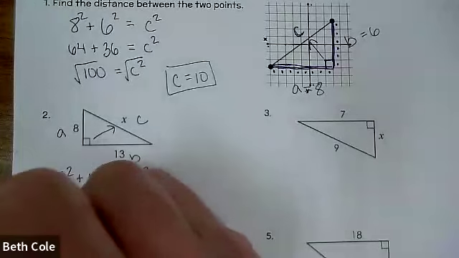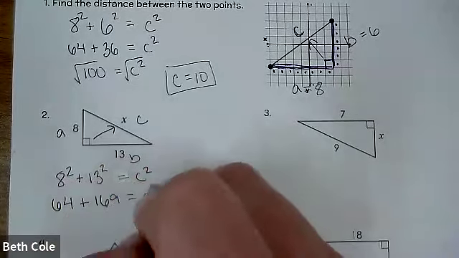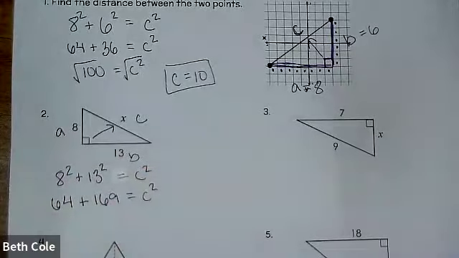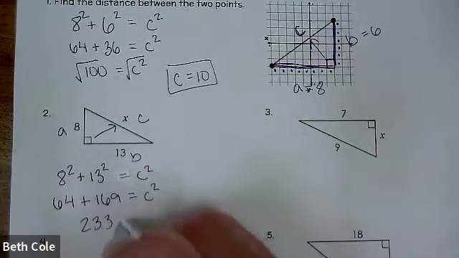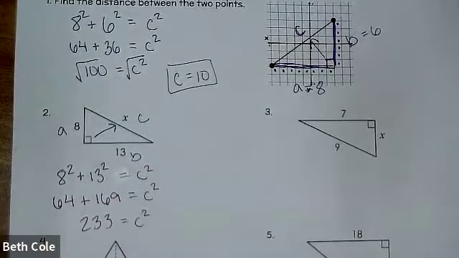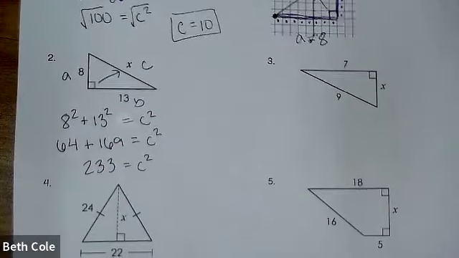So 8 squared is 64. 13 squared is 169. Again, I'm kind of just being your calculator here for that. If you add those together, let me see, I don't want to do that wrong in my head. 64 plus 169 is 233. I just typed it into Desmos. And then what's your last step? How do you get rid of a squared?